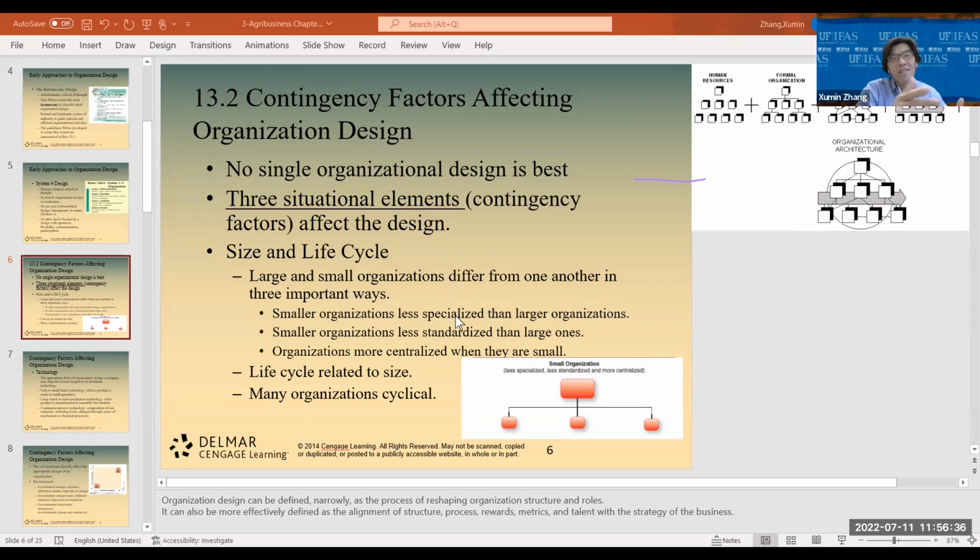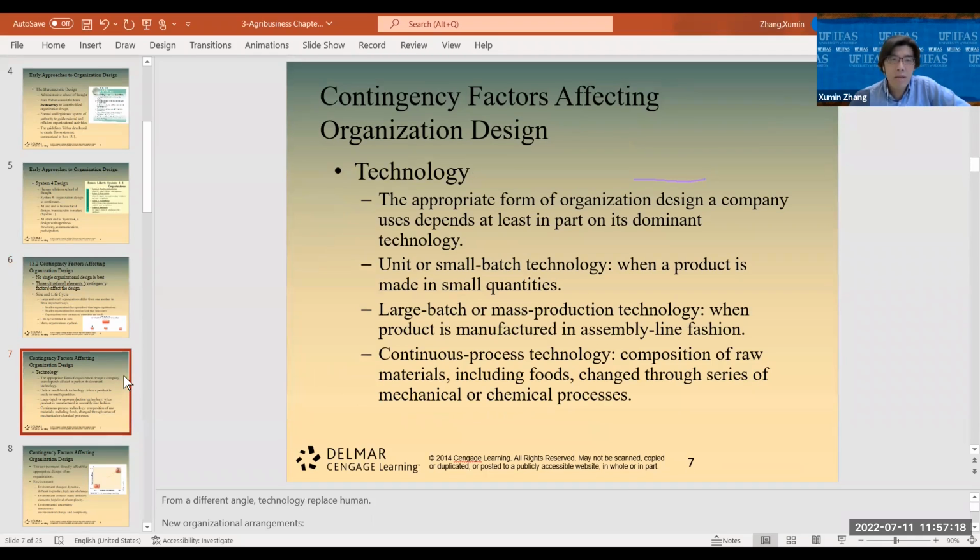And also you can understand this as the life cycle. This is similar to size, but from a time perspective: good time, development, decline, until the company disappears. The technology will affect the organization design from a different perspective.